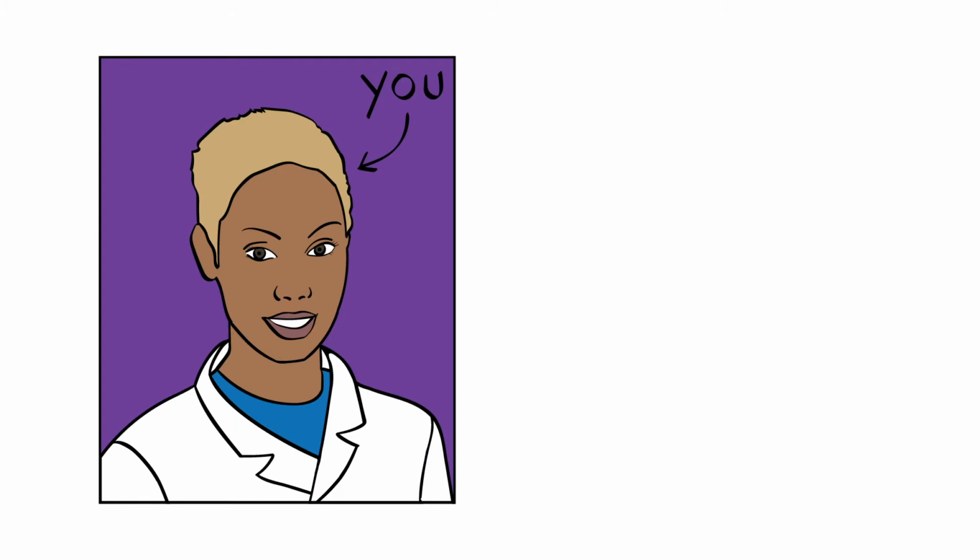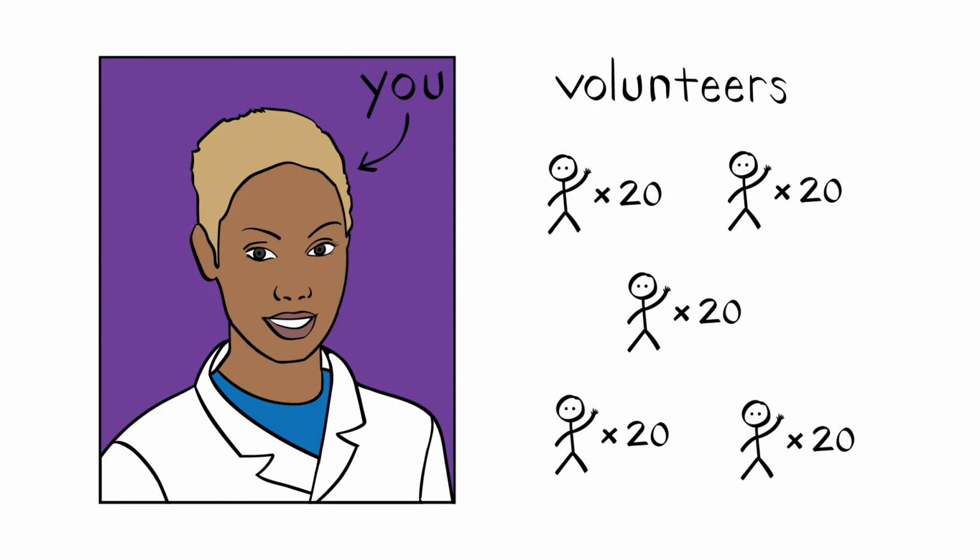For example, imagine that you were helping to run a clinical trial for a new kind of cancer-treating drug. You get 100 volunteers with that cancer for your clinical trial. You divide them up into 5 groups of 20 people, and you give each of those groups a different dose of your new drug.